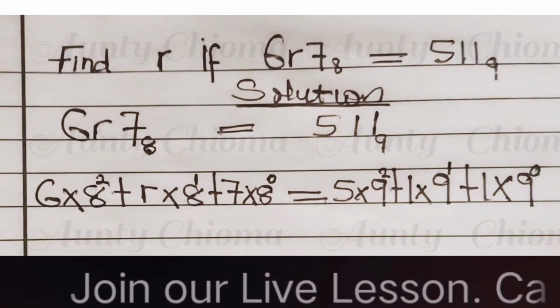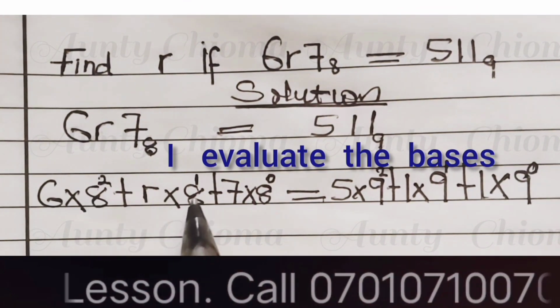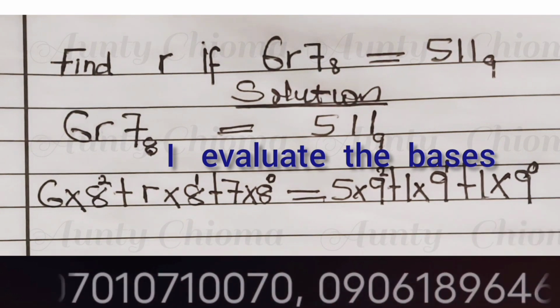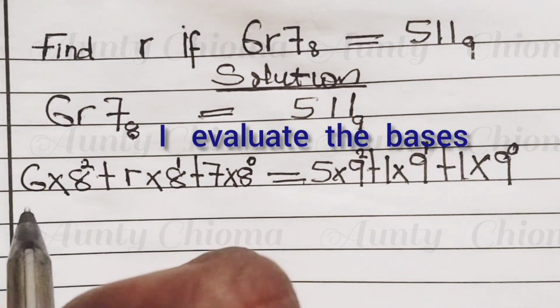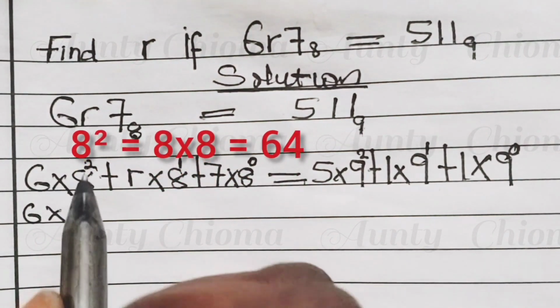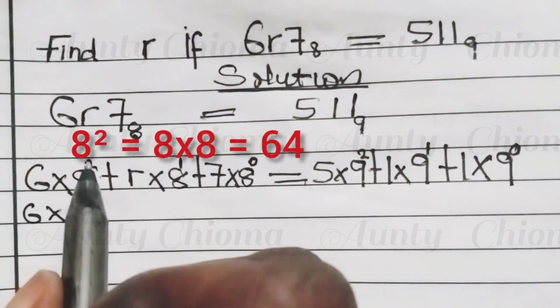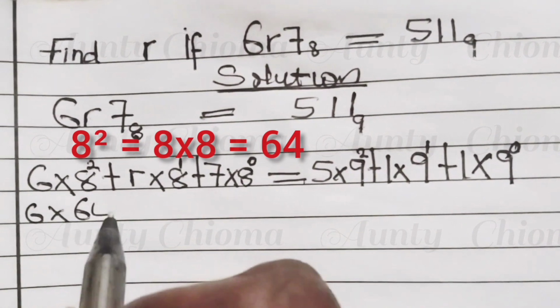Okay. What do I do again? I evaluate the bases with the powers. Like this, I carry down this 6 times 8 raised to power 2. 8 raised to power 2 means 8 times 8, and that is 64.